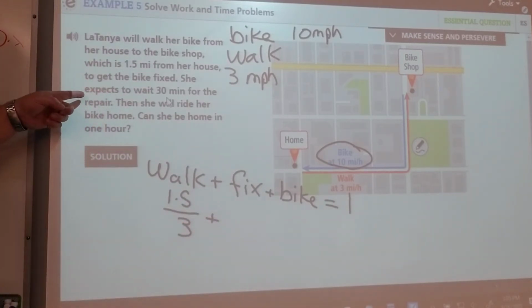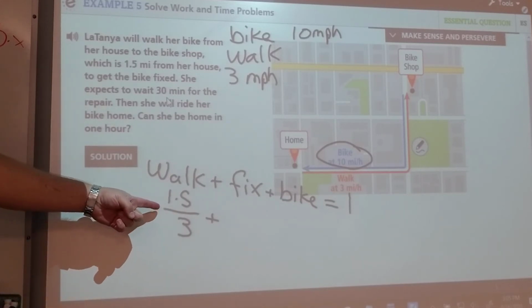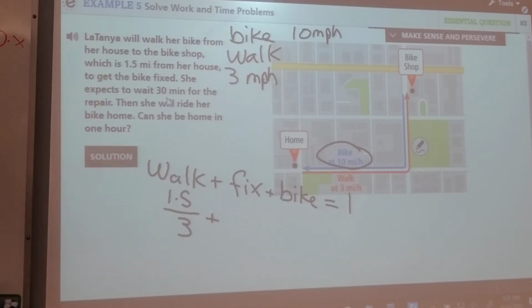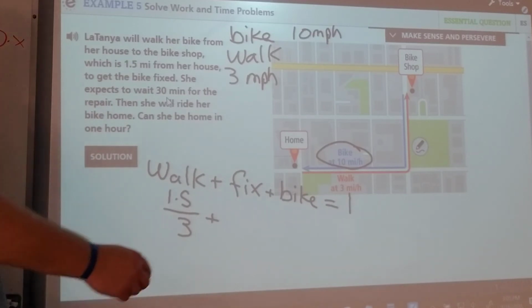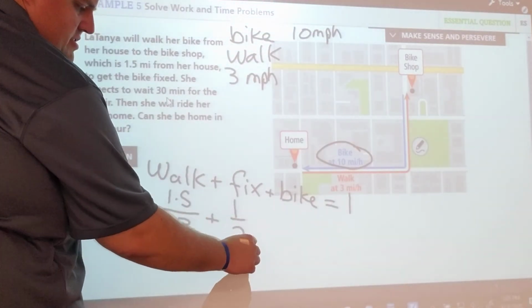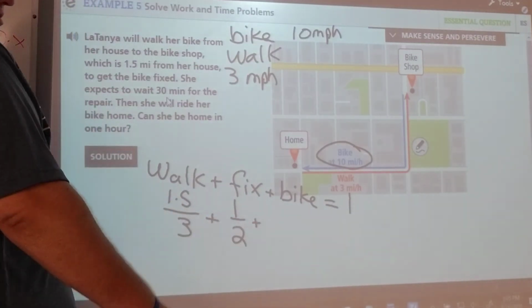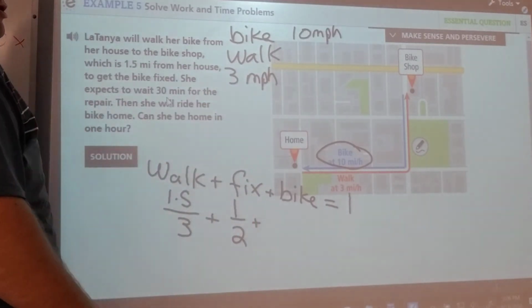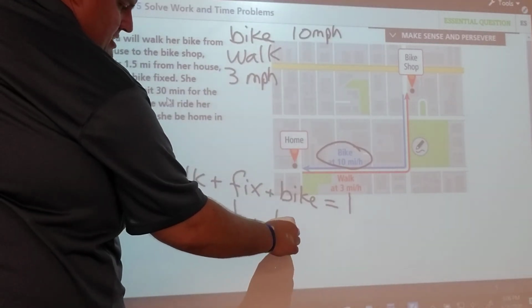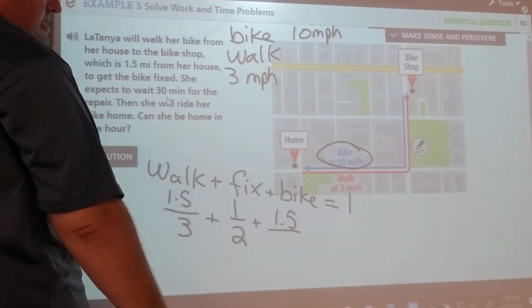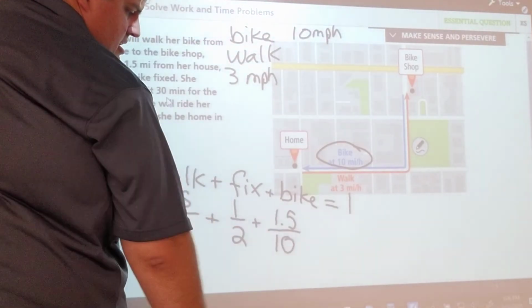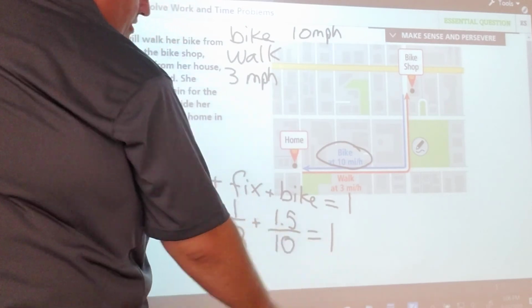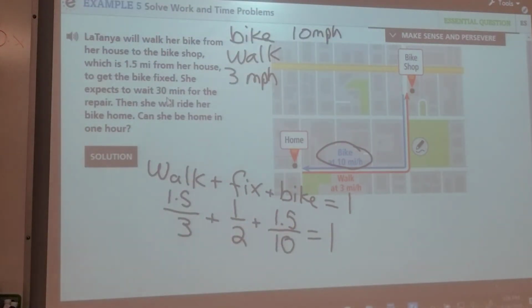Well, in here it said 30 minutes, but you got to be careful because when we're talking about minutes, everything else is in terms of hours, miles per hour, right? So what would 30 minutes be as an hour? That would be 1/2. So let's just use 1/2 for the fix. And then for the bike, we're going to do the same thing we did for walking. The bike moves at 10 miles per hour. So that would be the distance, 1.5, divided by the speed, which is 10. And we want that to equal 1, hopefully, right?